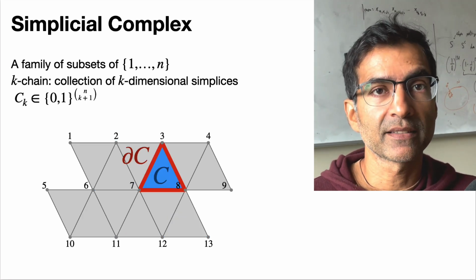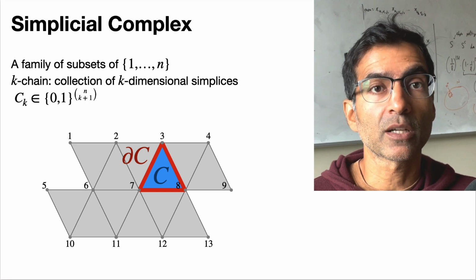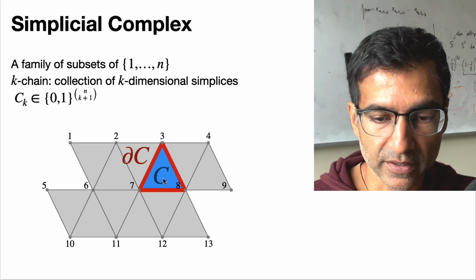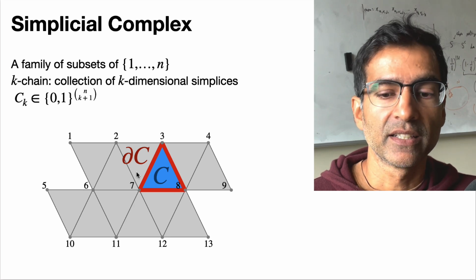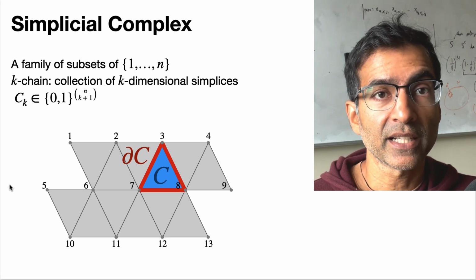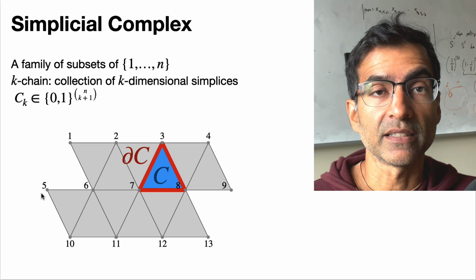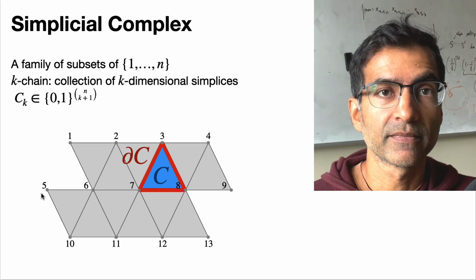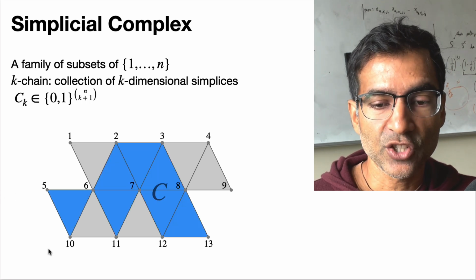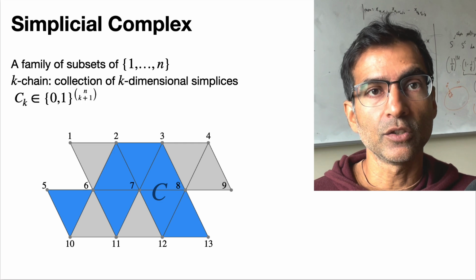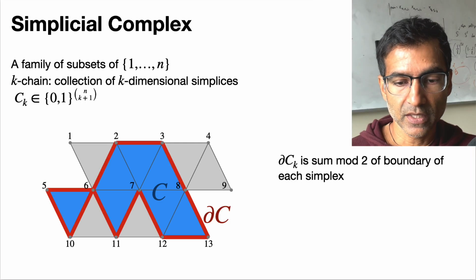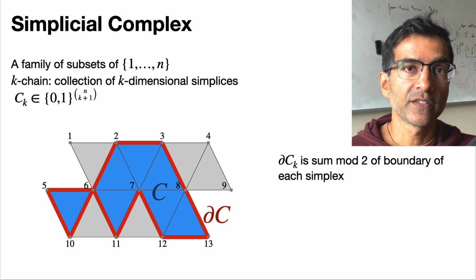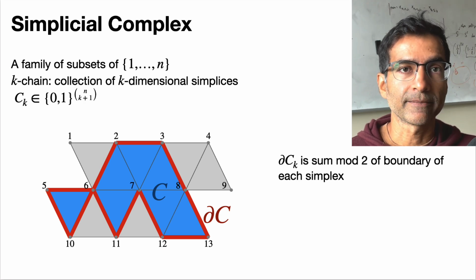Now, given a simplex in this simplicial complex, you can talk about its boundary. So here's an example of a simplex, and this is its boundary. The simplex is a 2-dimensional simplex. Its boundary is a 1-chain. Okay, and in general, given any k-chain, you can talk about the boundary of that k-chain. So in this picture, the boundary of the k-chain is this 1-chain.